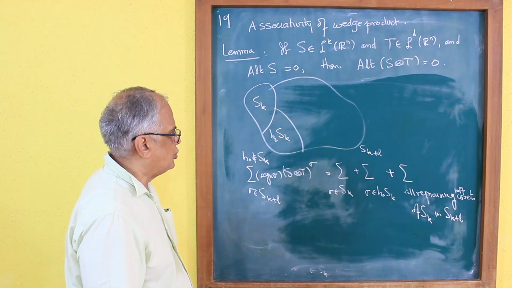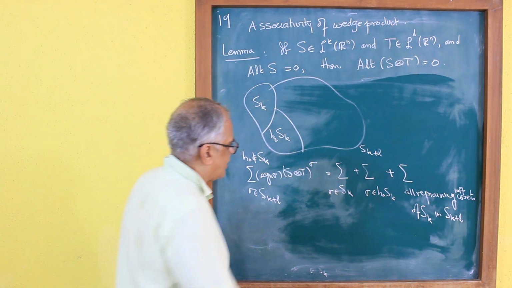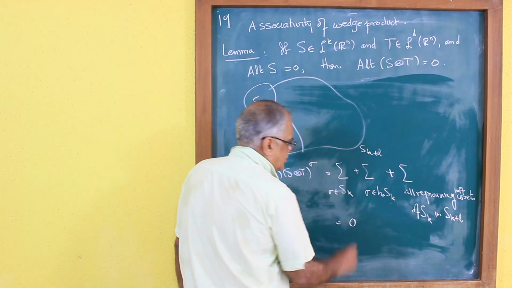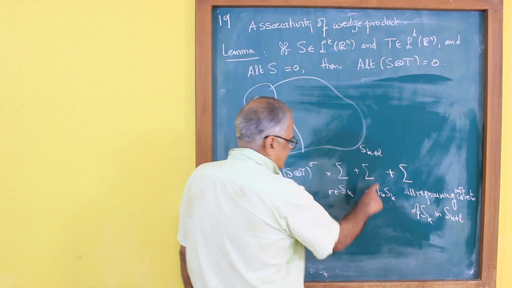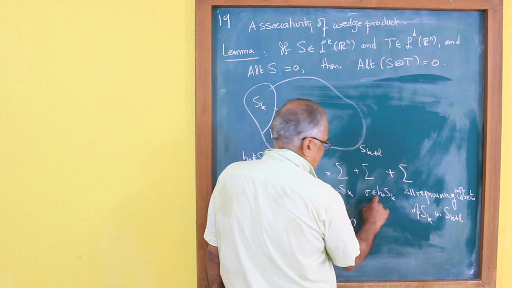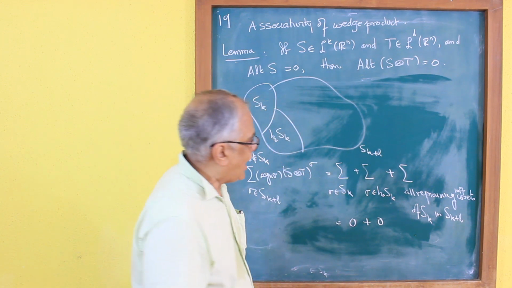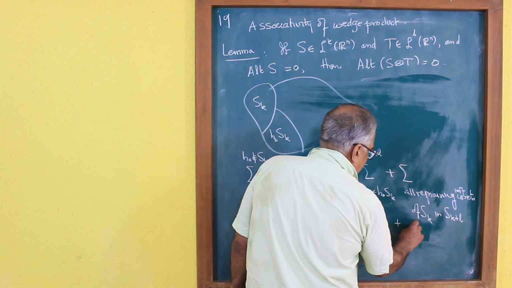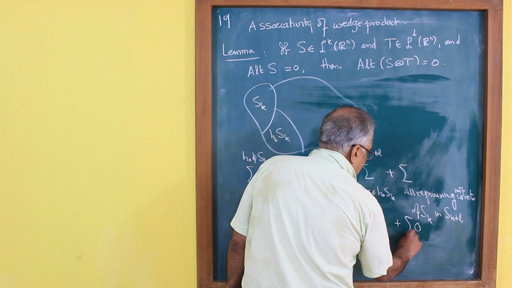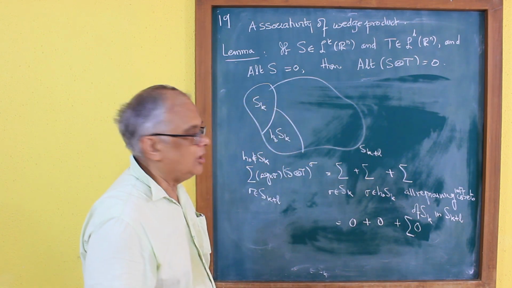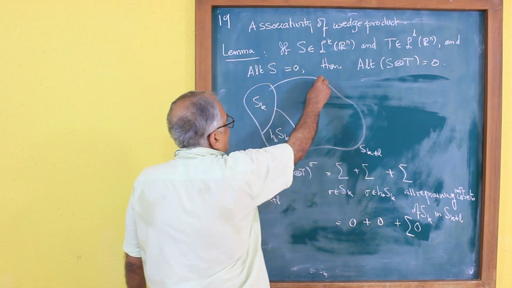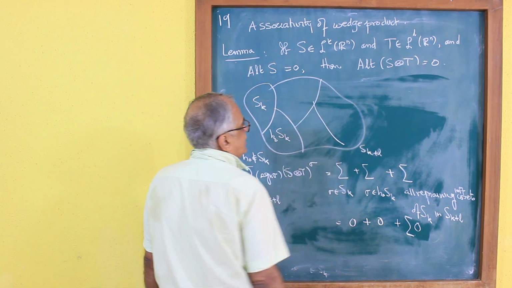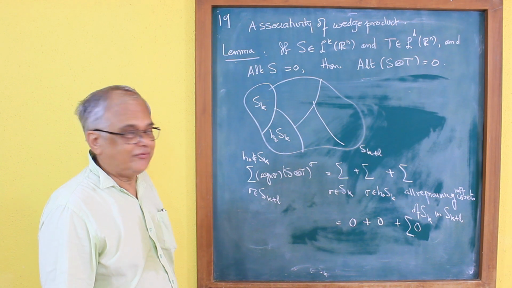What we have shown is that the sum over Sk is equal to 0, and I've chosen one particular left coset, and the sum over that one particular left coset is 0, and in exactly the same manner you will get the sum over all the remaining cosets. Each sum over each coset is 0.